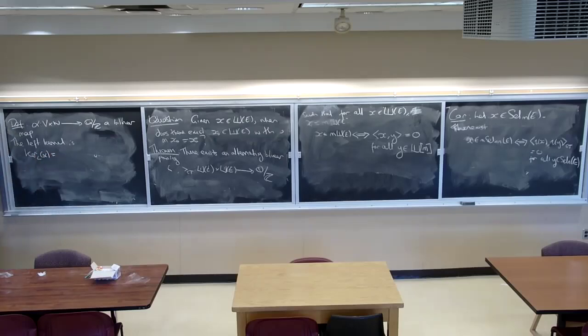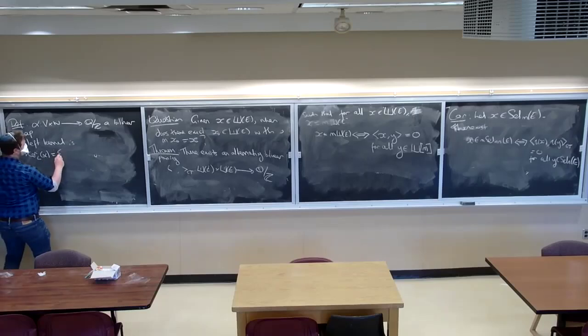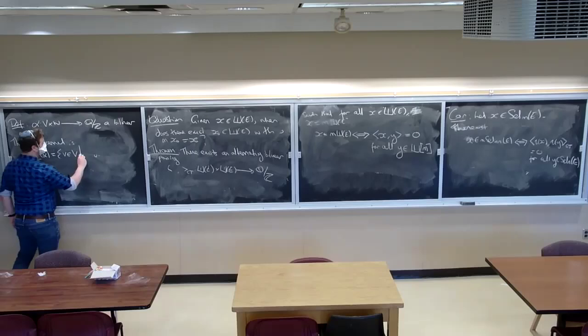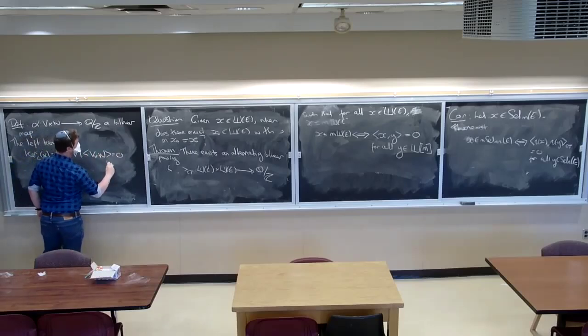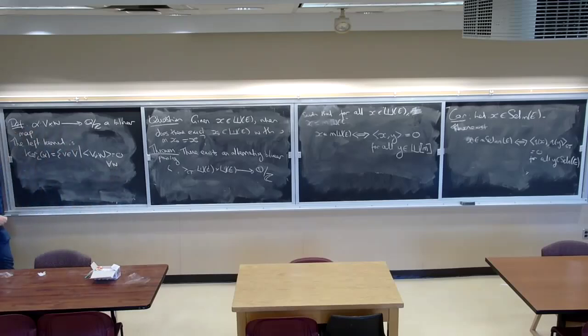This is, well, if I fix a V, then I can view alpha as a linear map that takes elements from W to Q mod Z. And it's going to be the set of V in V such that V comma W is equal to 0 for all W. In other words, it's going to be the set of V such that that induced linear map is the 0.